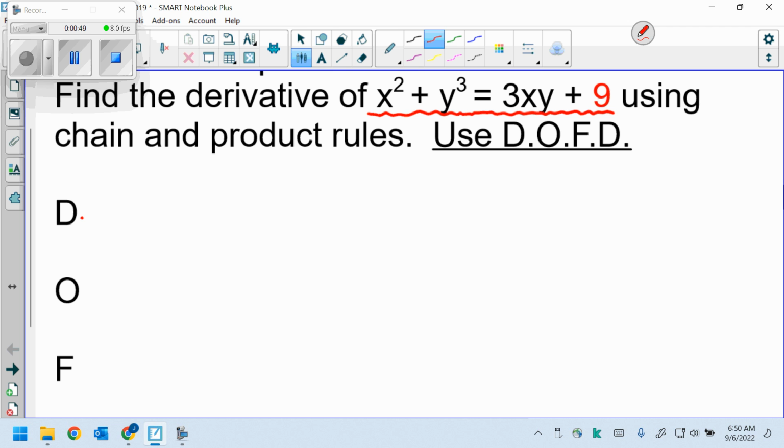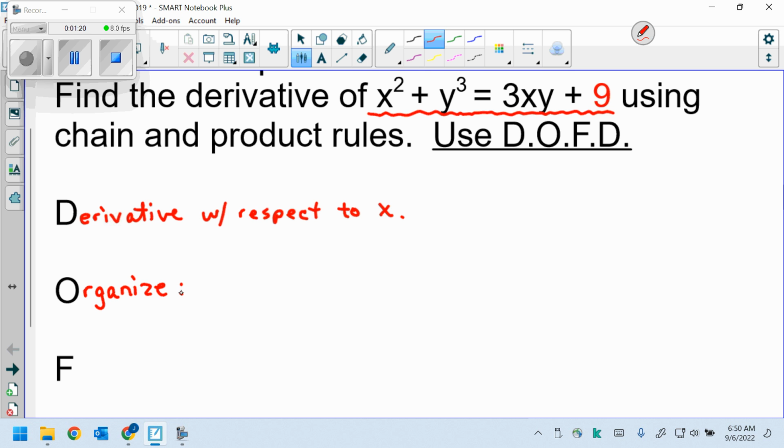First of all, we are going to find the derivative, which sounds like we'd be done, but we're not. Derivative with respect to the variable x. Then we have to organize that derivative.